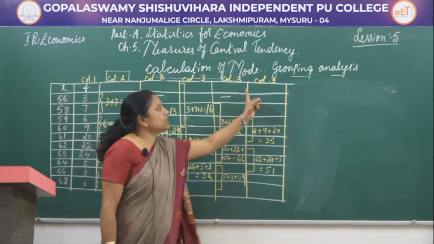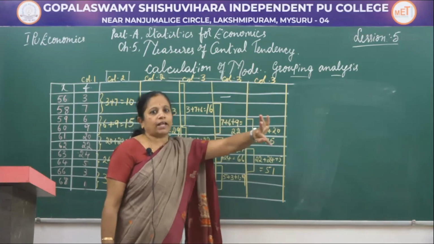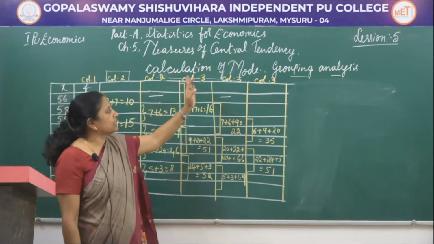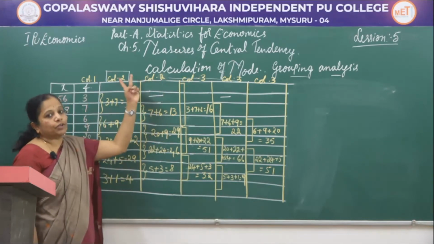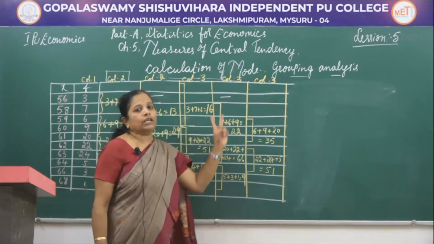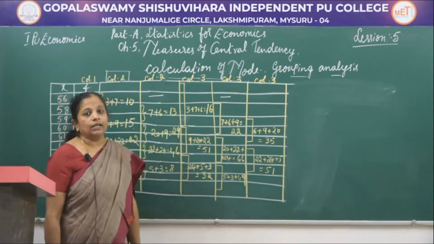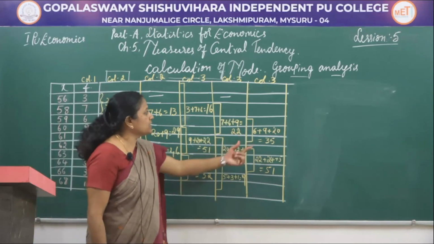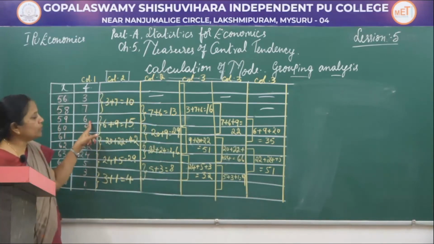Now let's move towards the next column of 3 values only. So again you should understand that there are 2 columns of 2 values added together and 3 columns of 3 values added together. The 3 frequencies are added together and they have been written here. The third value is 6.